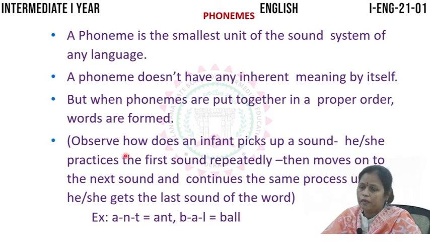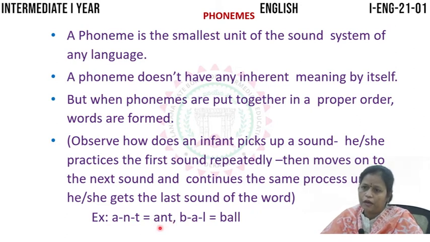Let us see. Did you observe any time how an infant picks up a sound? He or she practices the first sound repeatedly, then moves on to the next sound and continues the same process until he or she gets the last sound of the word. So, for example, let us see ant.